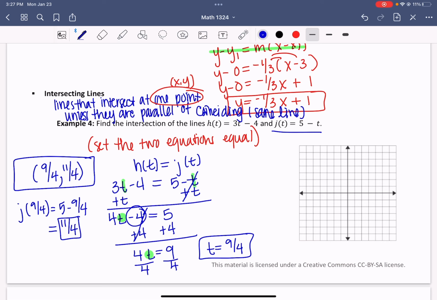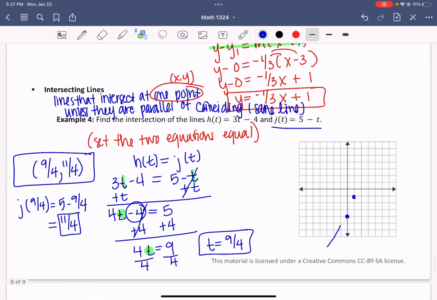Now, the reason we would take the algebra approach to this is because if we look at these two lines, so let's see, we have negative 4, 1, 2, 3, 4. We're going to go up 3 and over 1. Just graphing these two lines for you.